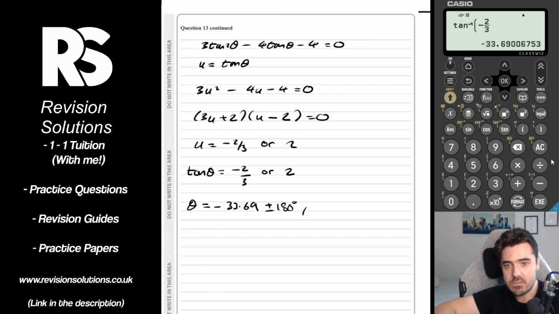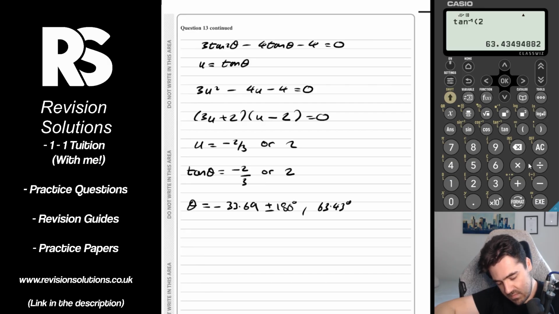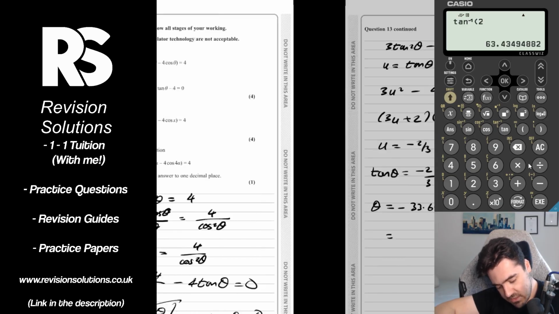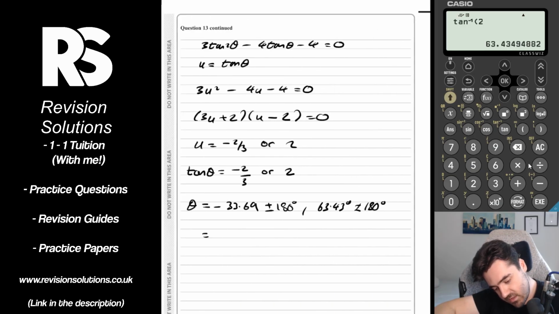And the other one, coming from the 2, just tan inverse of 2, that's 63.4. 243 degrees, plus or minus 180 again for the same reason. So minus 33.69 is not in our range because we want from 0 to 360.